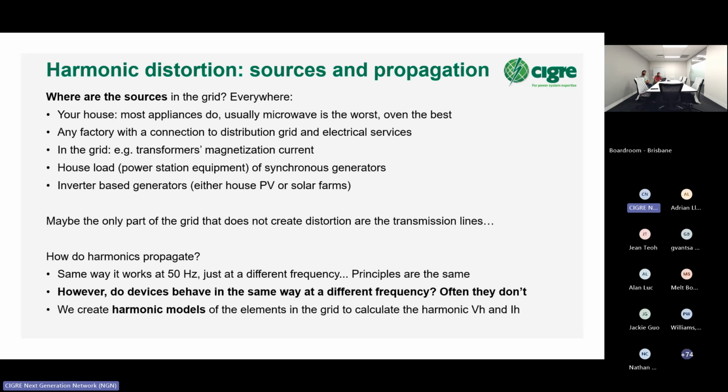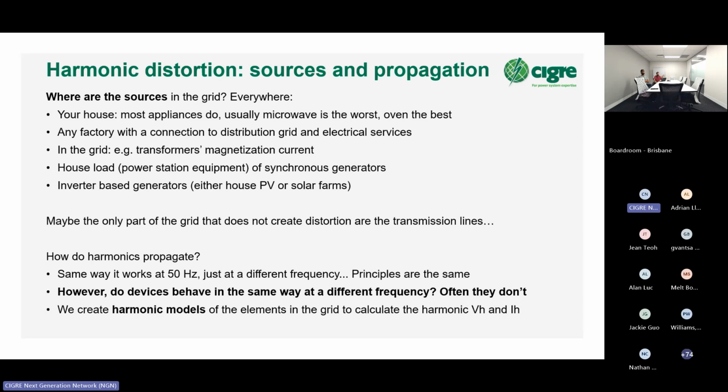Any factory that has a connection with the distribution grid would absorb and create harmonics. Transformer magnetization current: if you increase the voltage, they absorb current which is distorted because of the saturation, so they do contribute. In a power station, the house load, for example: if your power station is 400 megawatt, it may have 20 megawatt to actually run the place, for all the motors, pumps, and everything.